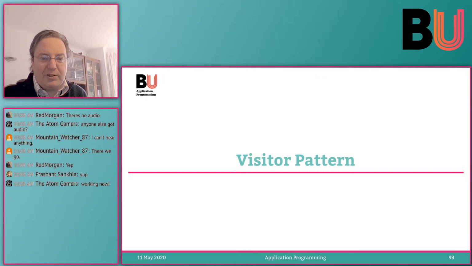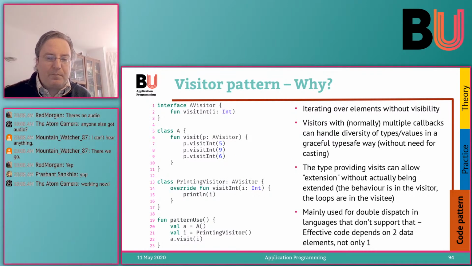The visitor pattern allows you, sometimes you want to do something for each element, and a visitor could even have a return type. So you want to allow people to add functionality in relation to your type, but you cannot do something specifically. You can use the visitor pattern.